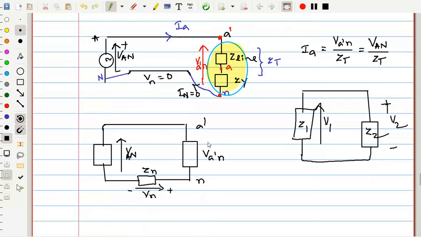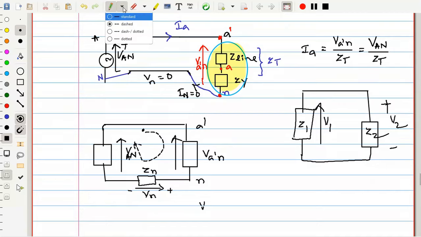Let me start here and move in the clockwise direction. So what you will get is first VAN, VA dash N, sorry, plus Vn, neutral voltage, minus Van is equal to 0.